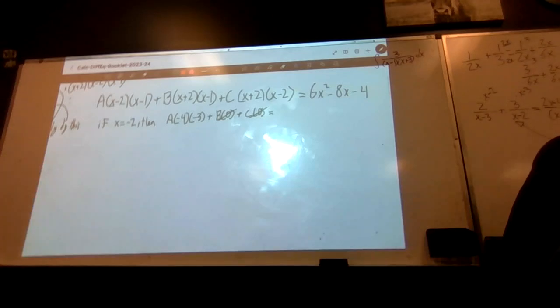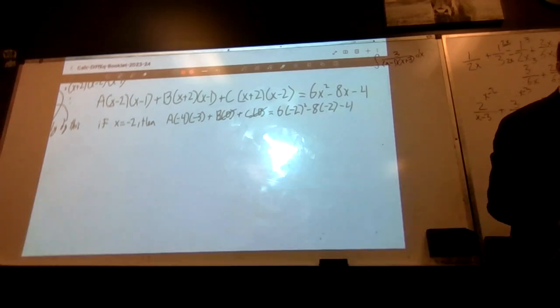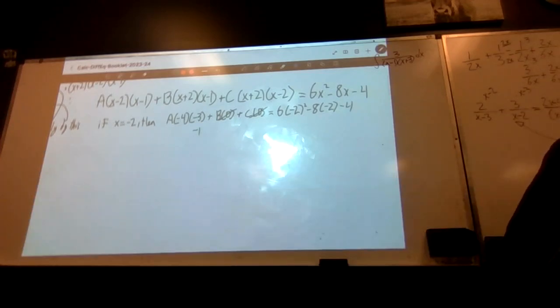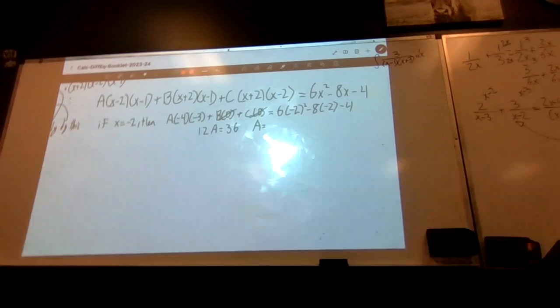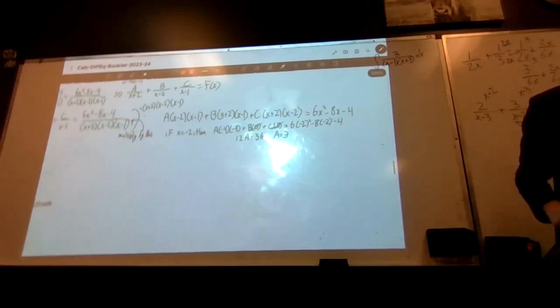So I'm going to get 6 times negative 2 squared minus 8 times negative 2 minus 4. I get negative 12a equals, let's say positive 12a equals 36. Therefore, what is my a value equal to now? A equals 3.